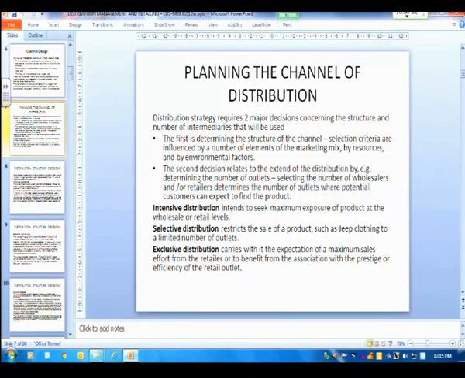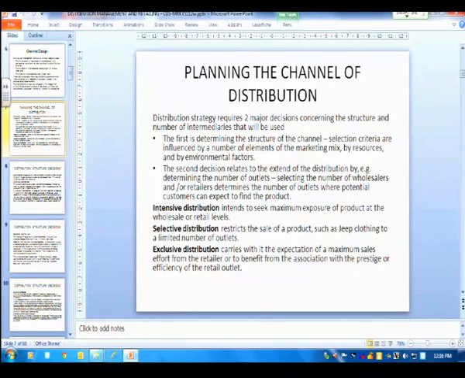Intensive distribution. This intends to seek maximum exposure of the product at the wholesale or retail levels. Selective distribution. This restricts the sale of a product, such as cheap clothing, to a limited number of outlets.